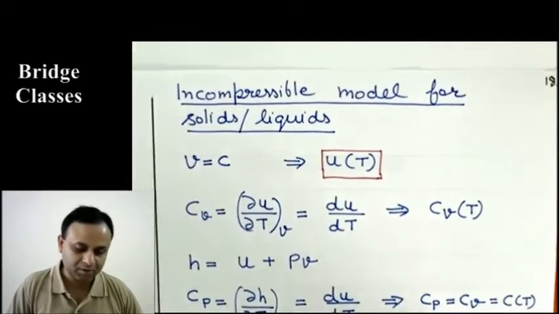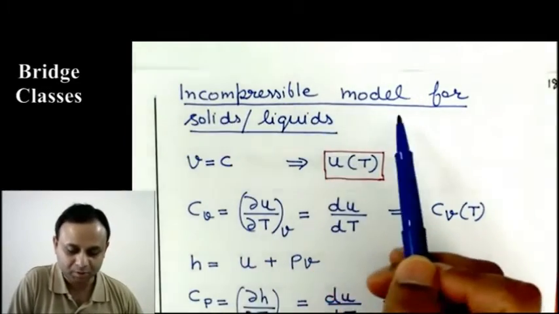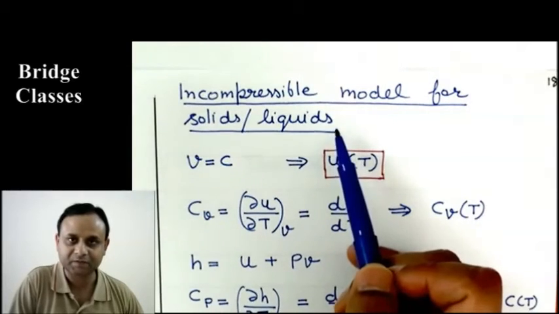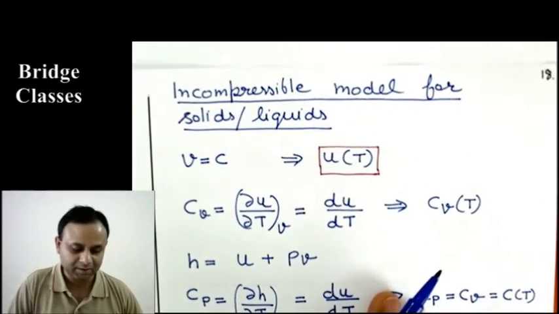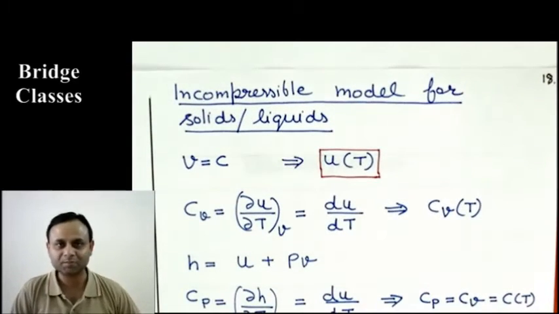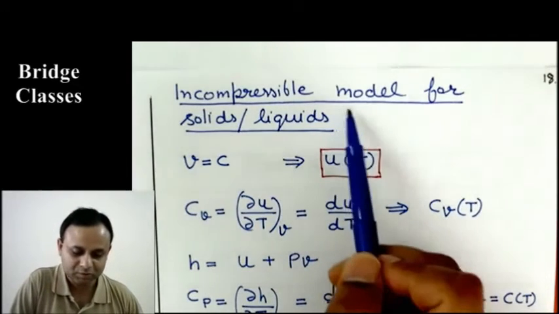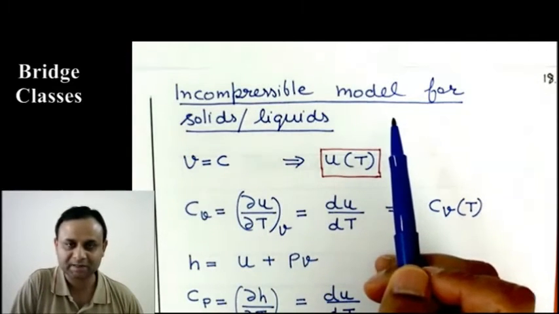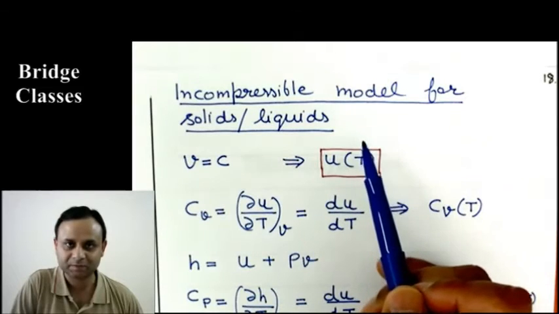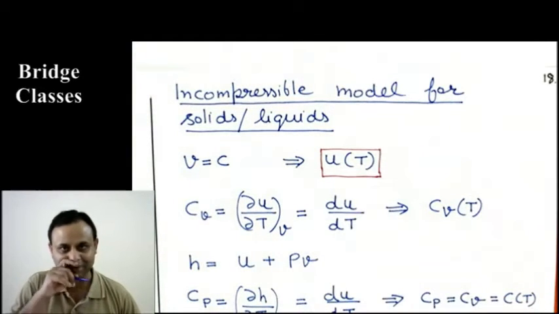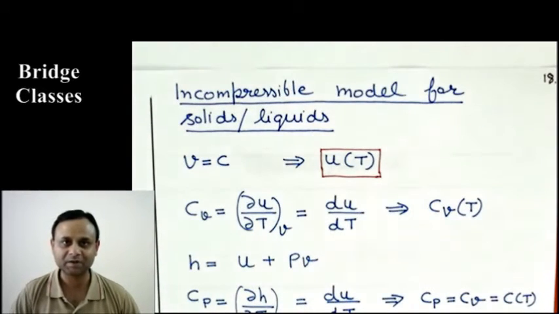Now I will talk about the incompressible model for solids and liquids. In solving engineering problems, we use several models which are approximations, but which are very good, because we don't want exact answers. We want an estimate which is a good estimate.